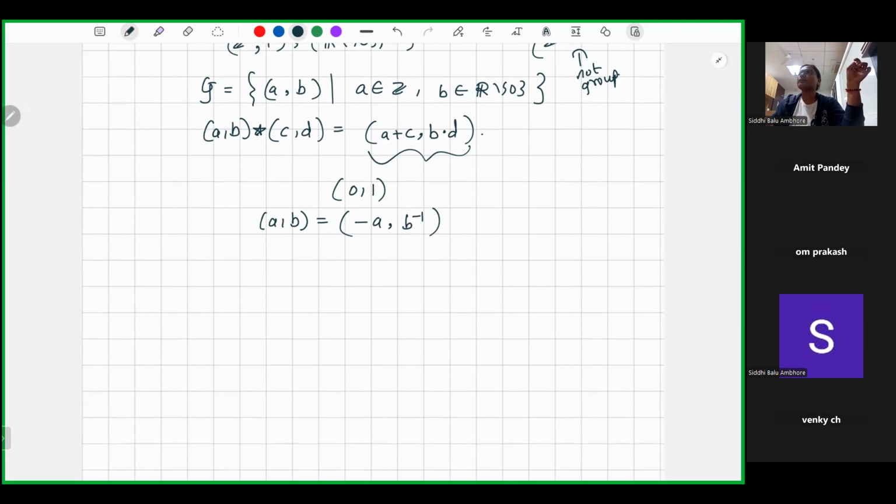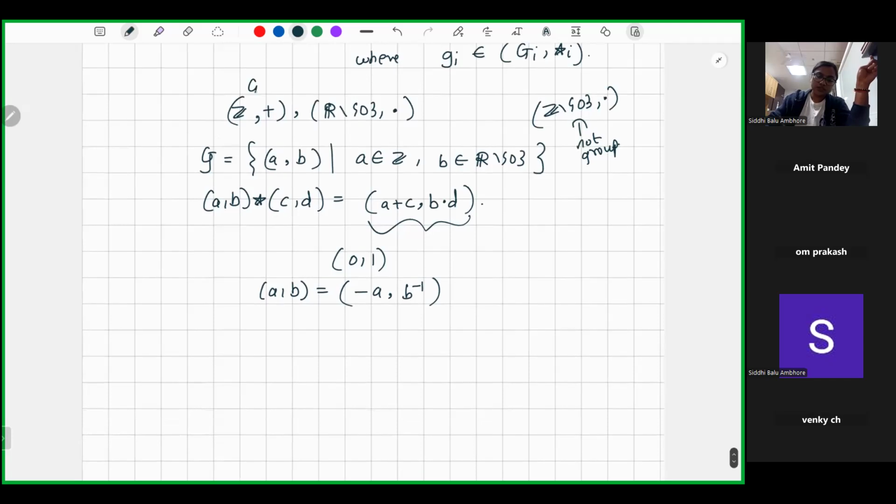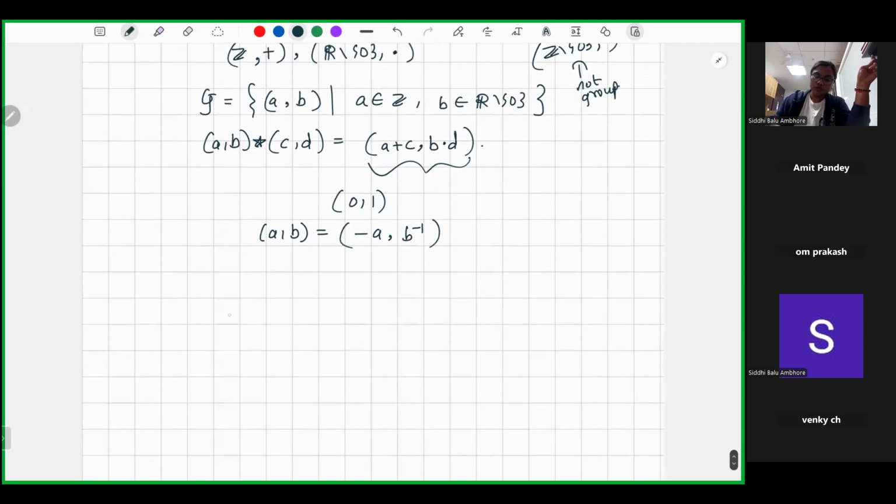So if I call this G1 and this G2, this is G1 cross G2. Each component has its own operation, and each of them is a group.